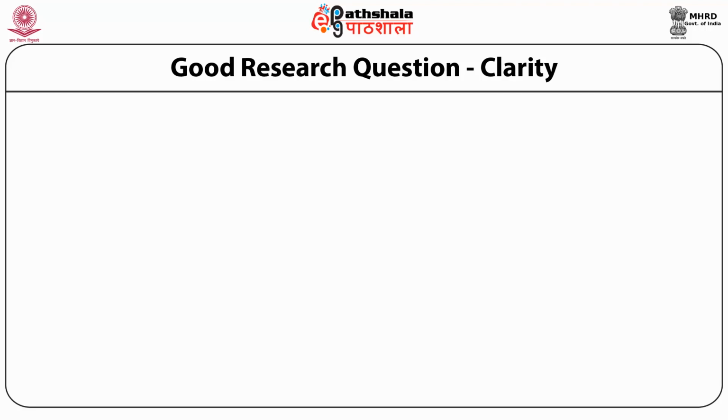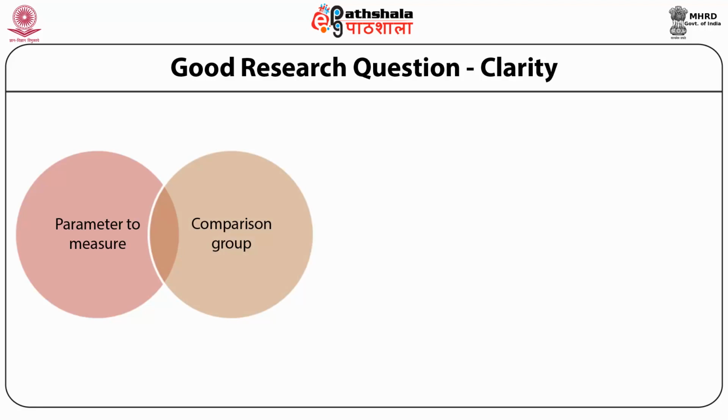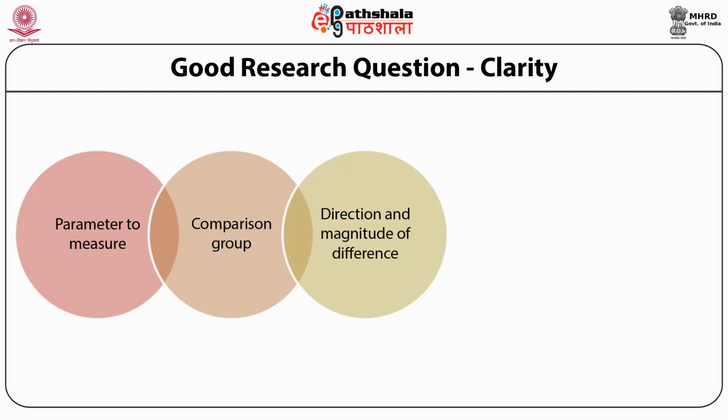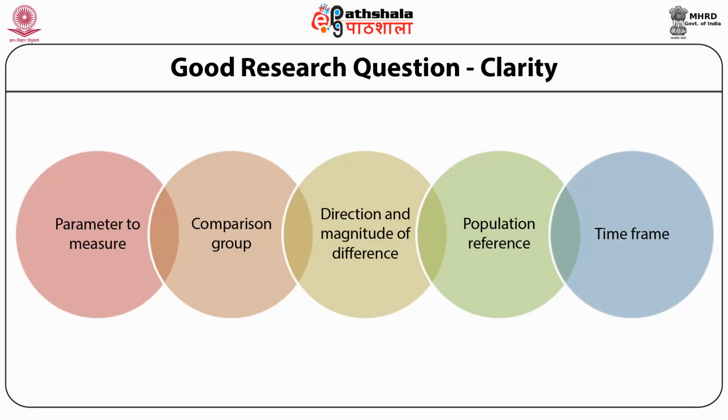For a good research question, one should have clarity on these things: what he wants to do, what parameter he needs to measure which will lead to the answer of the question, what are my comparison groups, direction and magnitude of the difference and its estimates, what is my population and the sample size which I will select, and the time frame. Clear information should be available and they should stick to that.